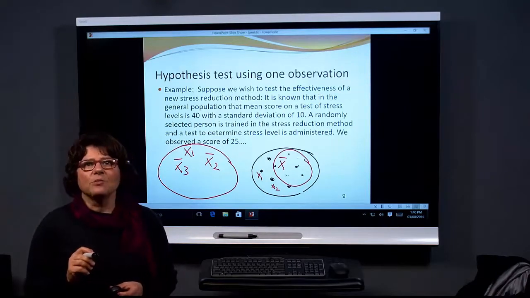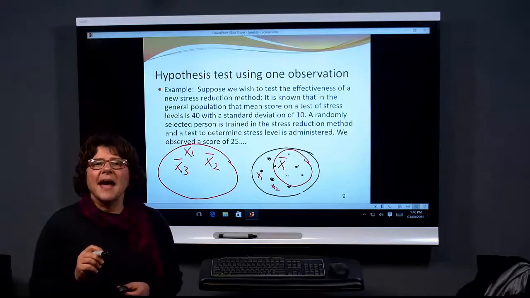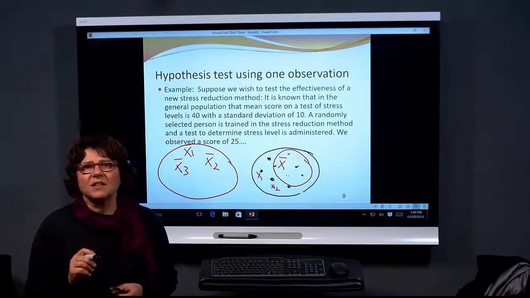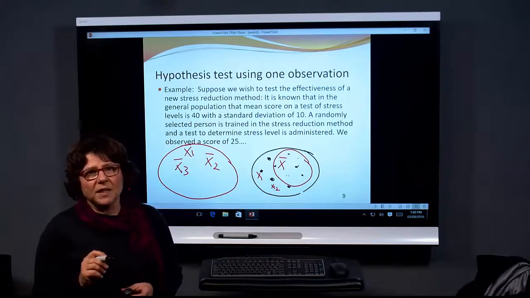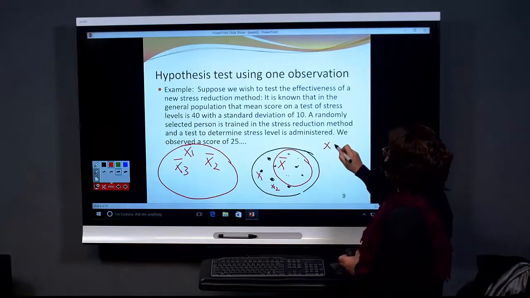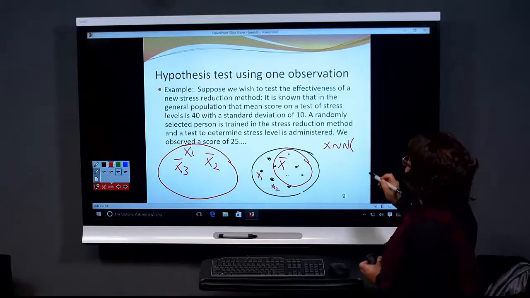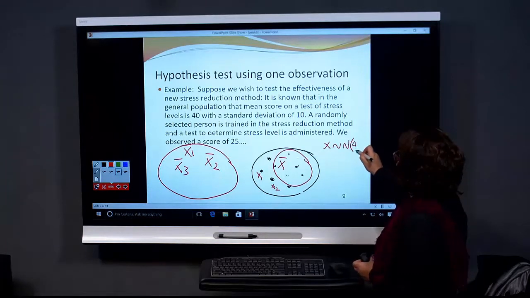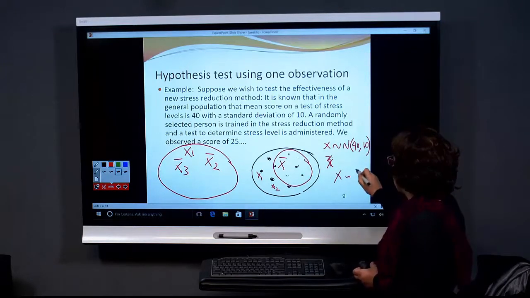Now, a randomly selected person is trained in the stress reduction method, and a test to determine stress level is administered with the observed score being 25. Here, X is normally distributed, the mean is equal to 40, and the standard deviation is equal to 10.